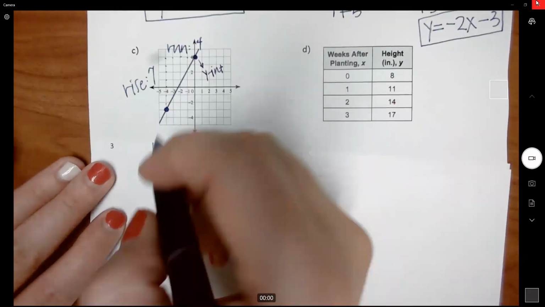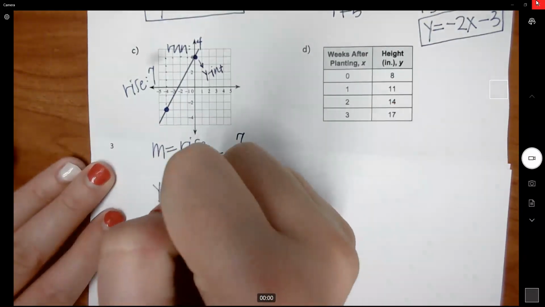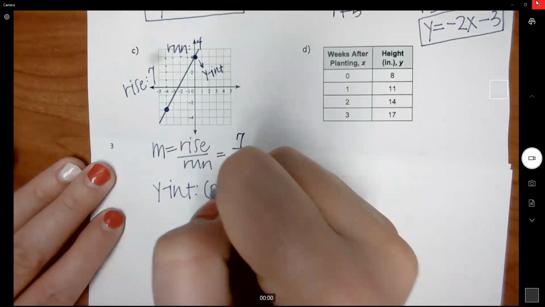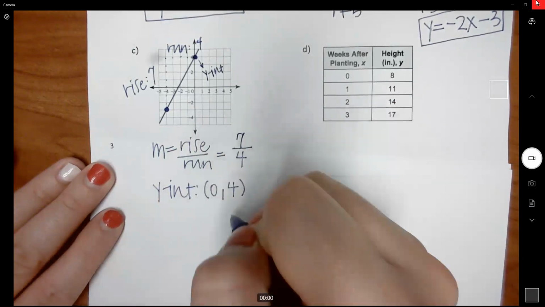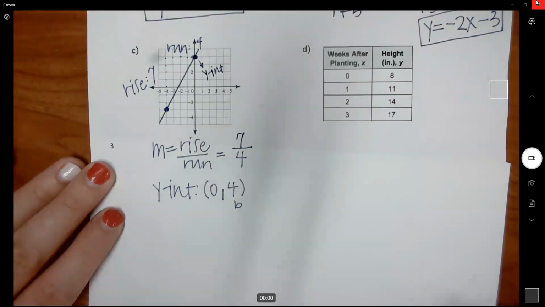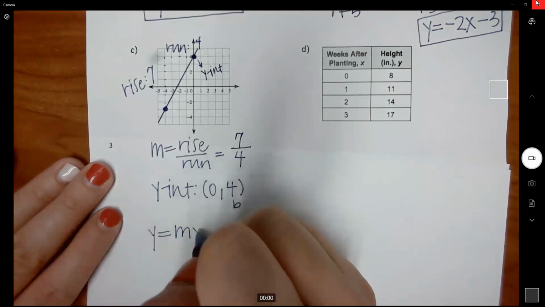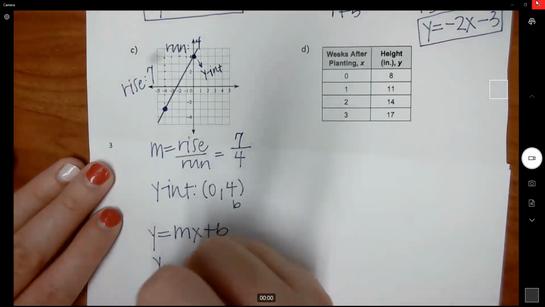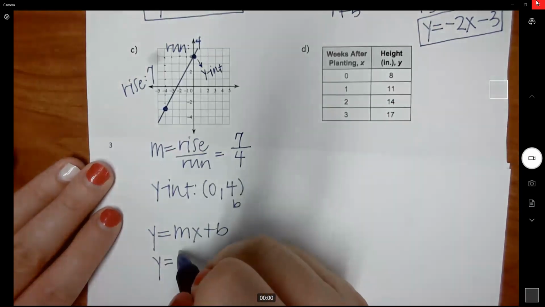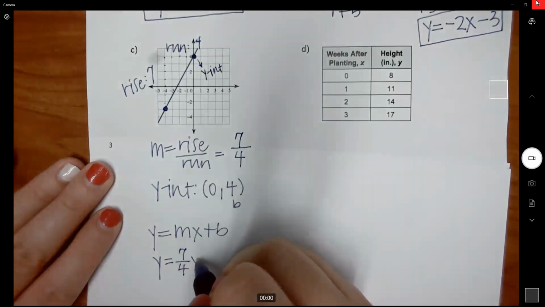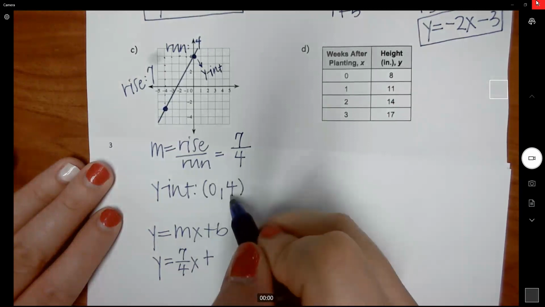My y-intercept is (0, 4), which is my b. So we have y equals mx plus b. My m is 7 over 4 plus my b of 4.